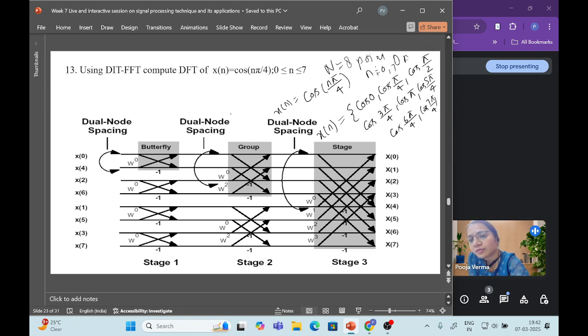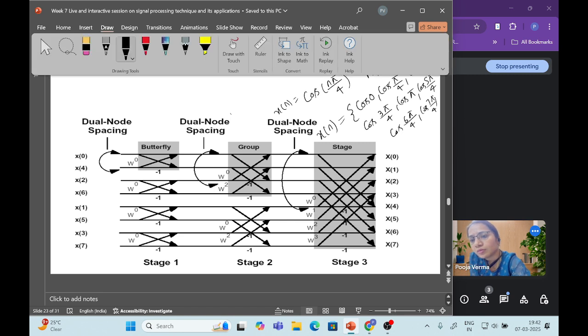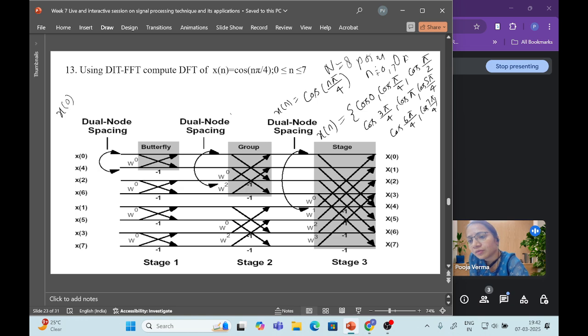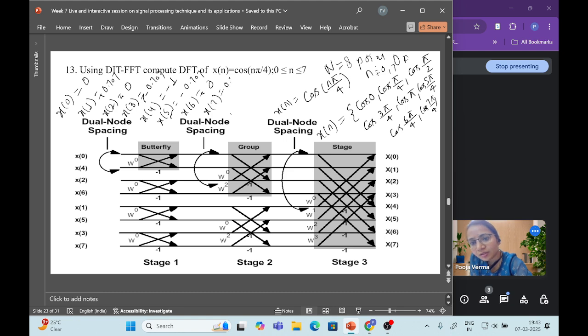here x of 0, then because we are dividing, x of 0, x of 1 you will get 0.707, x of 2 you will get 0, x of 3 you will get minus 0.707, x of 4 you will get minus 1, x of 5 you will get minus 0.707, x of 6 you will get 0, and x of 7 you will get 0.707.